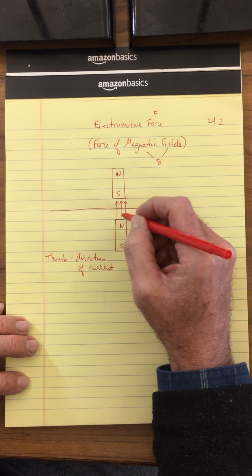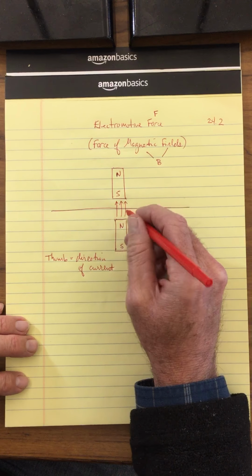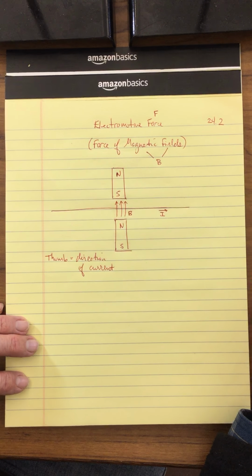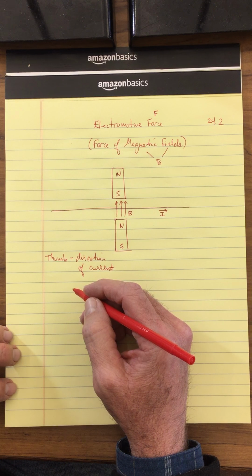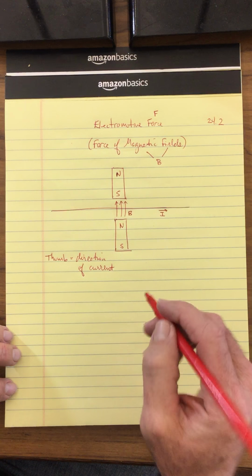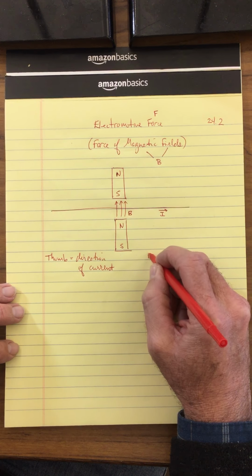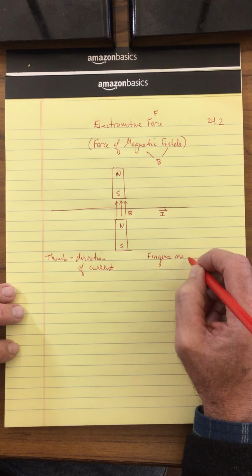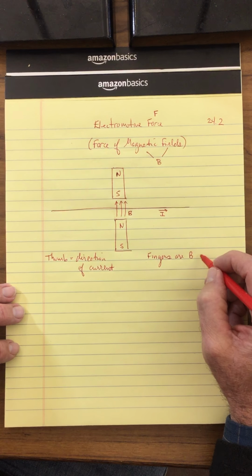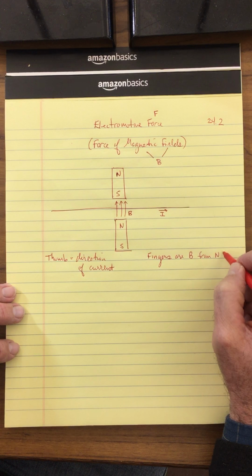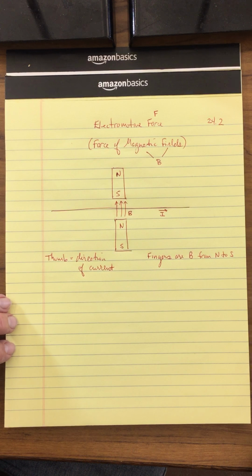So right here, this is the magnetic field that we're talking about, which is going to be labeled capital B. Your other four fingers are the magnetic field, capital B, from the north direction to the south.